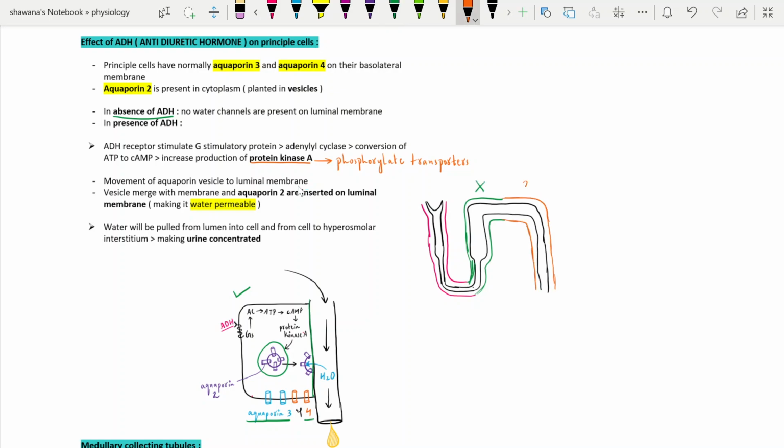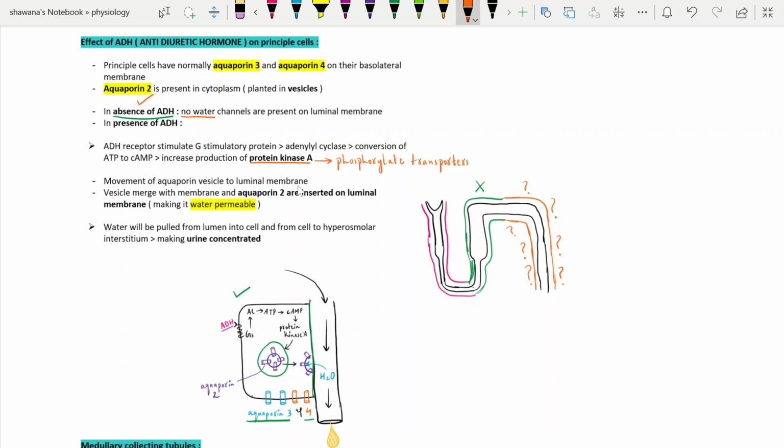I will put a question mark on these tubules because the water reabsorption in this part of the nephron is dependent on the antidiuretic hormone. Under the influence of antidiuretic hormone, it will cause water reabsorption, and in the absence of ADH, there will be no water reabsorption. So first thing first, in the absence of ADH, there are no water channels present on the luminal membrane. The membrane is absolutely impermeable to water in the absence of ADH.